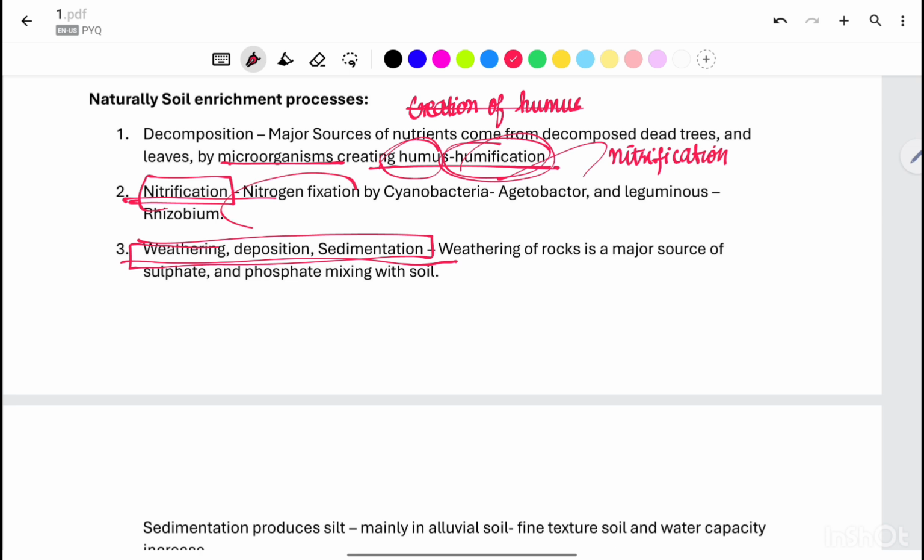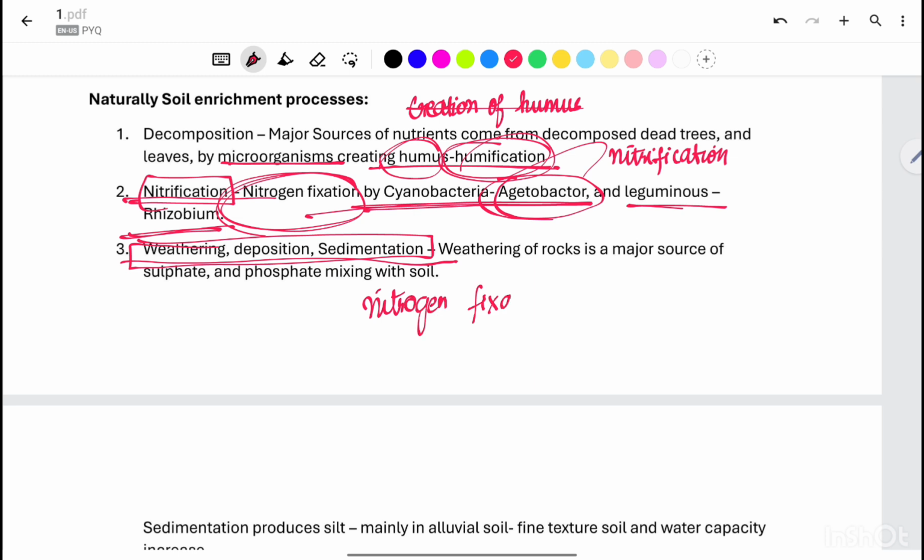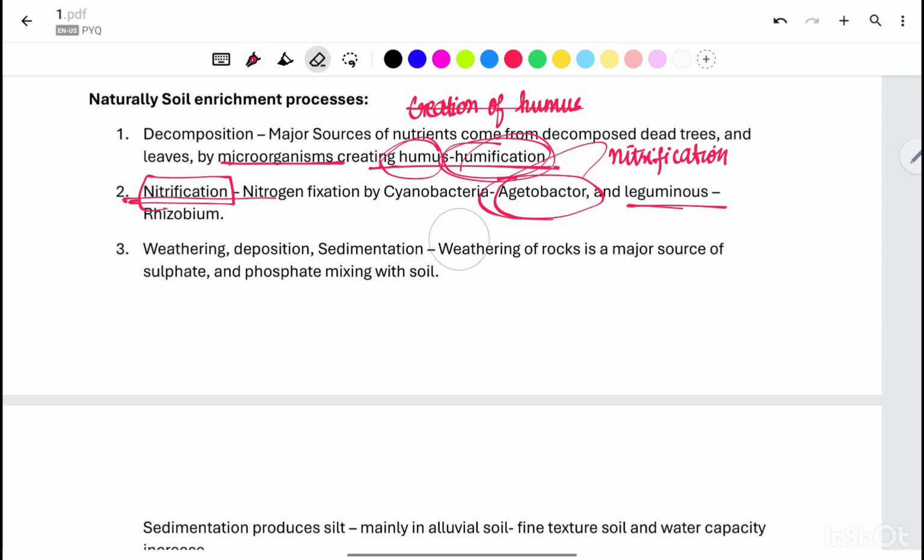Nitrification is nitrogen fixation. Nitrogen is fixed by the cyanobacteria, azotobacter, and leguminous rhizobium. What is nitrification? Nitrification is the nitrogen fixation.